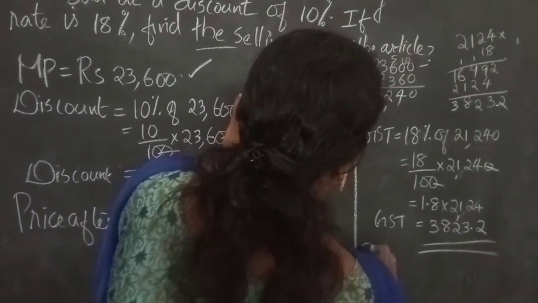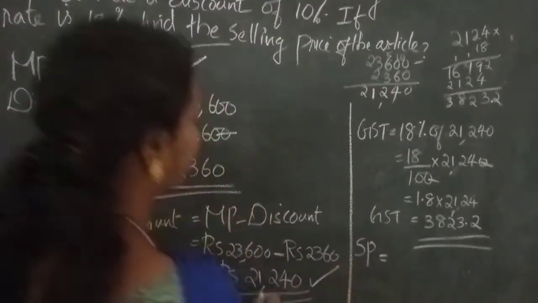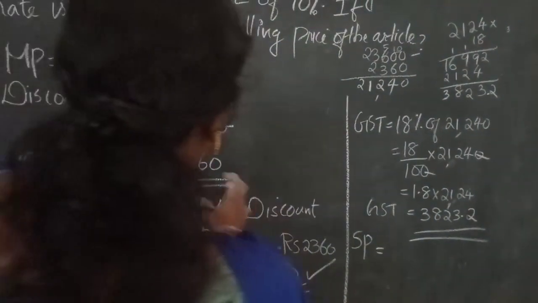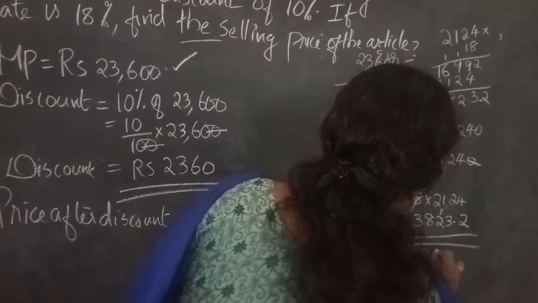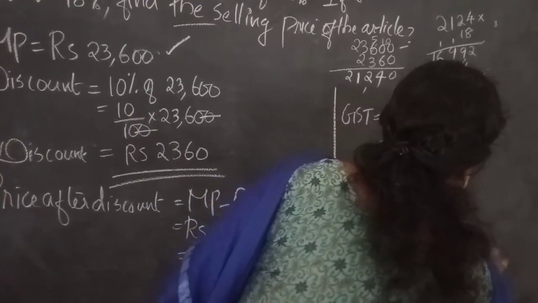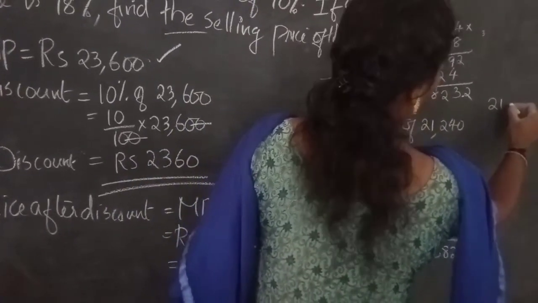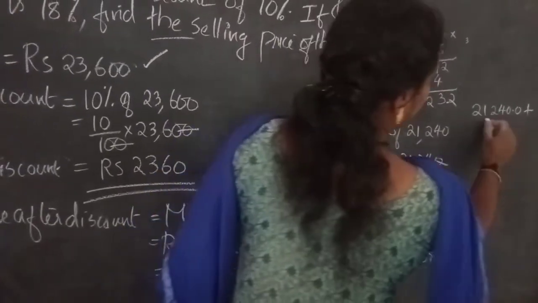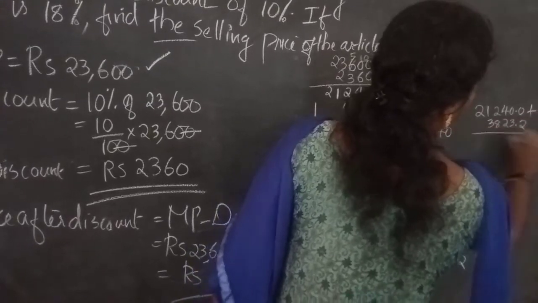We have to find out the selling price. So selling price SP is equal to price after discount plus your GST. So 21,240 plus 3,823.2. 21,240.0 plus 3,823.2.